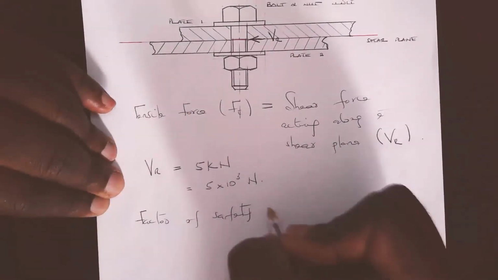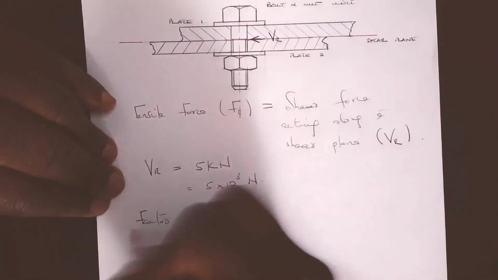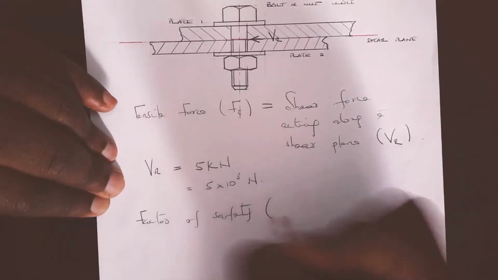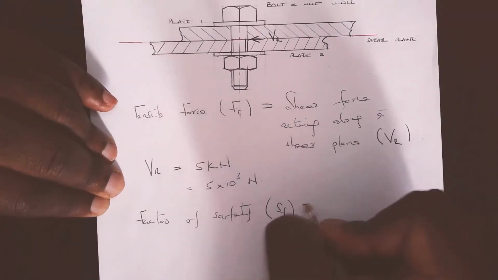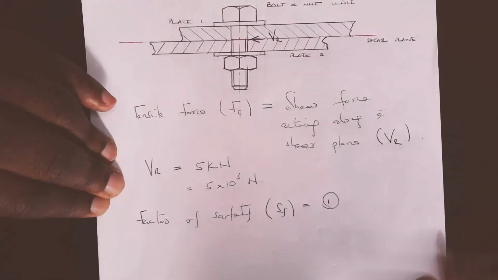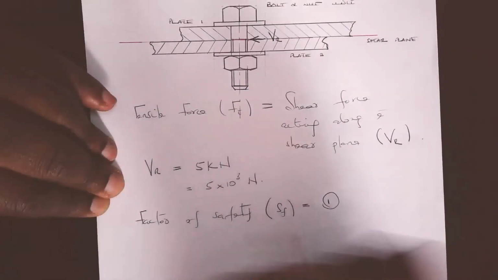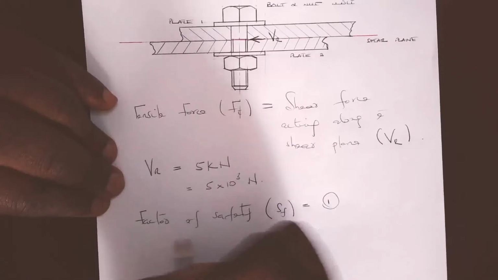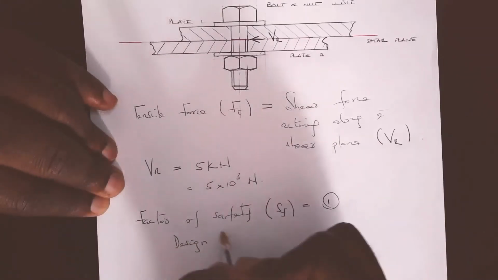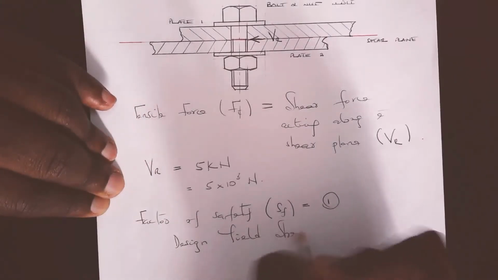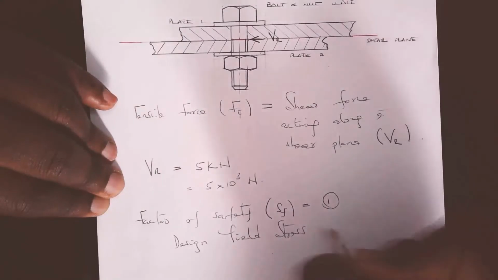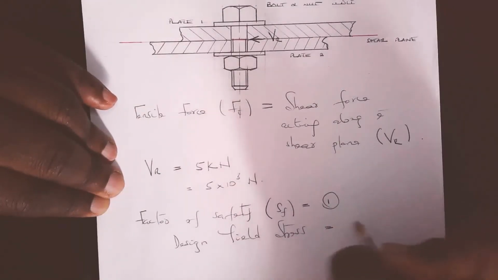We're going to assume that the factor of safety, FS, is 1, meaning that the design yield stress will be equal to the yield stress of the material.